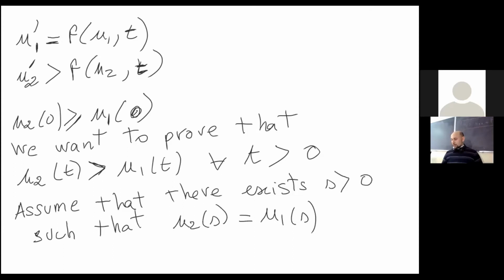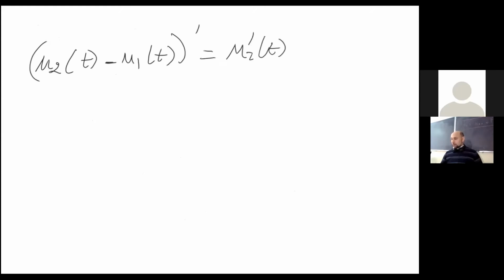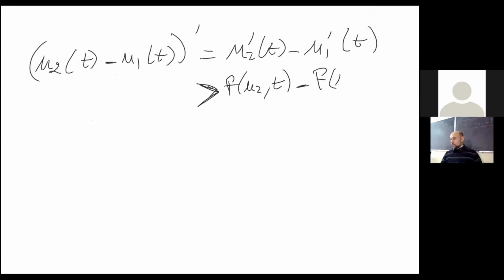Now let's write the derivative for any t of u2 of t minus u1 of t. I take the derivative, and this is u2 prime of t minus u1 prime of t. And with our assumptions, I know that this is greater than f of u2, t minus f of u1, t.